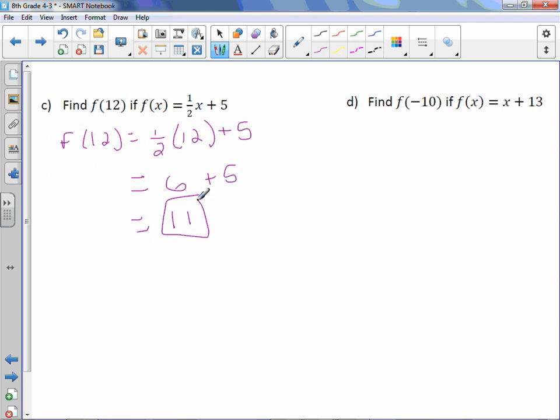Letter D. Find f of -10 if f of x equals x plus 13. So f of -10 equals, plug in -10 for x, bring down the plus 13. -10 plus 13 is 3. So really, it's just substitution.